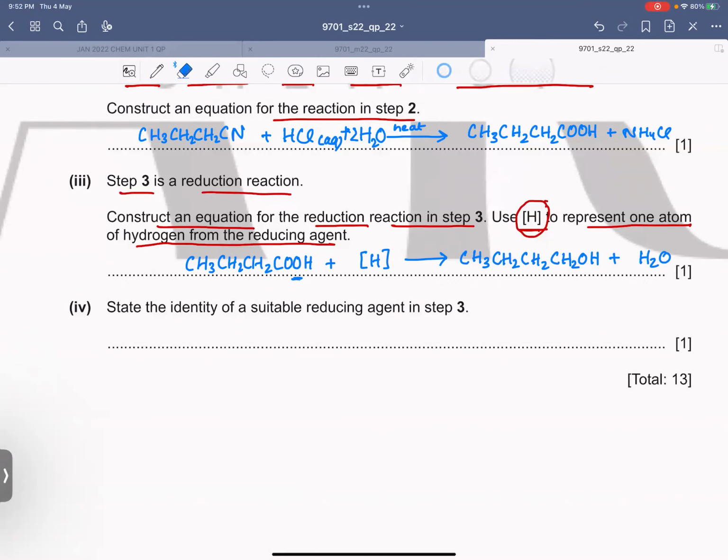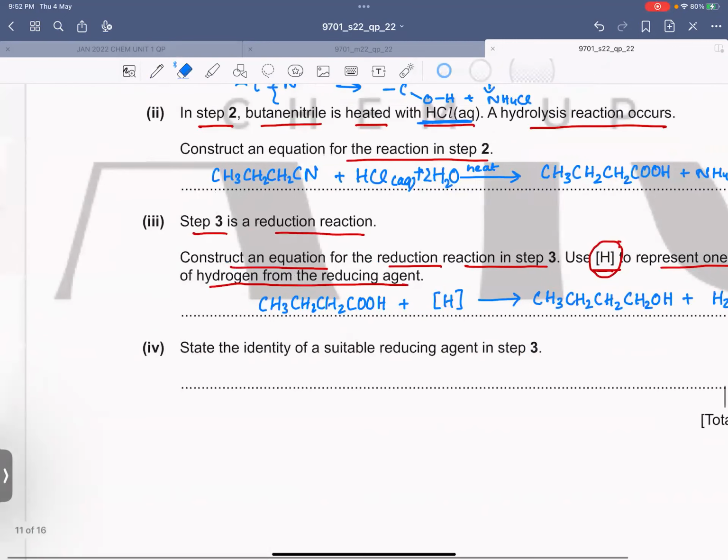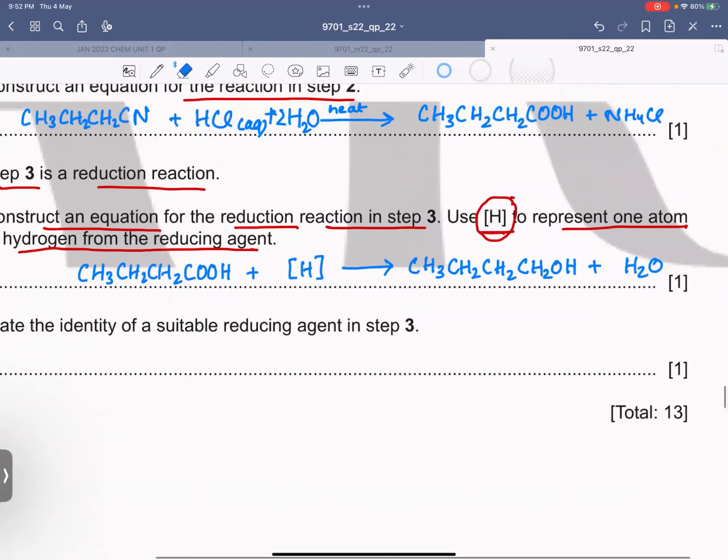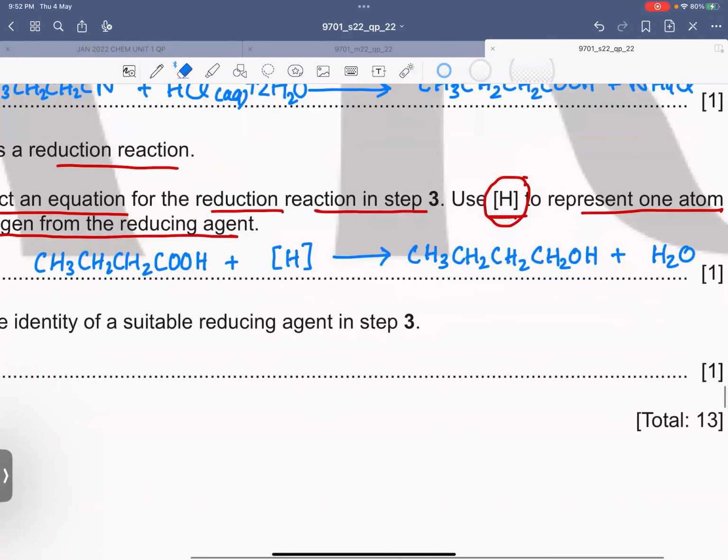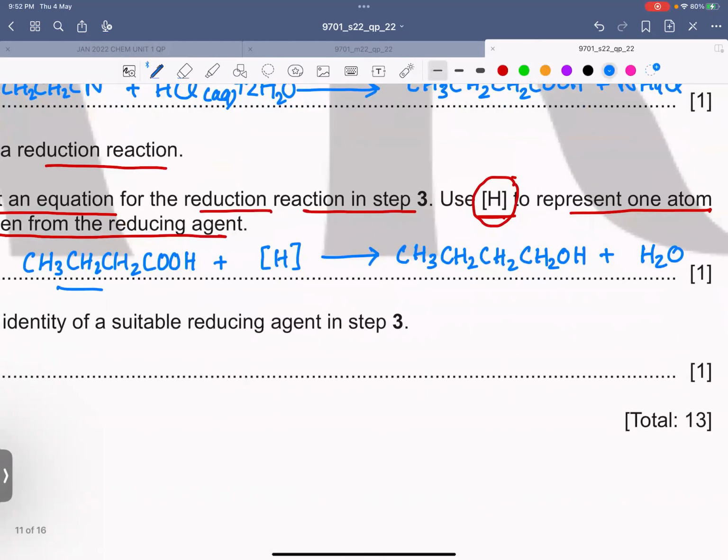So if you compare the reactants and the products, see how many hydrogens are over here? 7. And how many hydrogens are over here? No, sorry. Here you have 8 hydrogens.